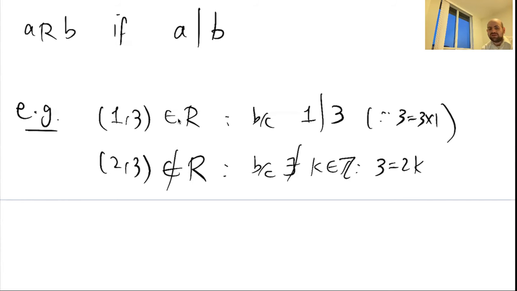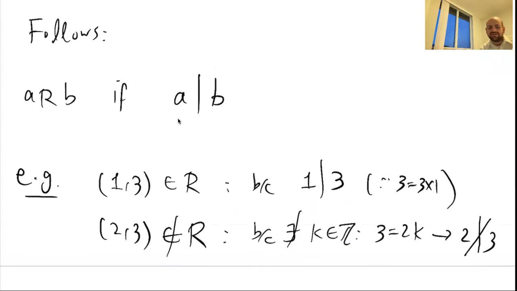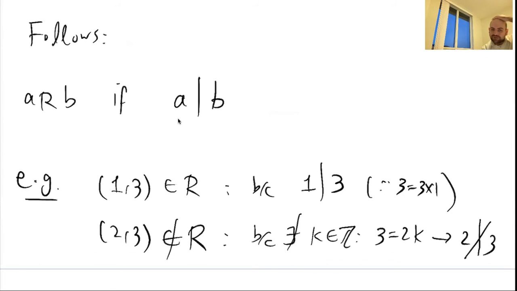Therefore, 2 does not divide 3, and 2 does not divide 3 means 2 and 3 does not belong to R. Because again, for A and B, in order to be able to say A and B belongs to R, we need to have A divides B. If A does not divide B, then A comma B does not belong to R.